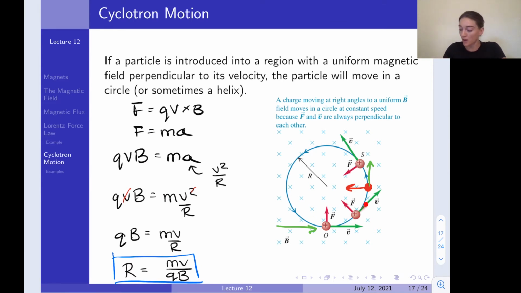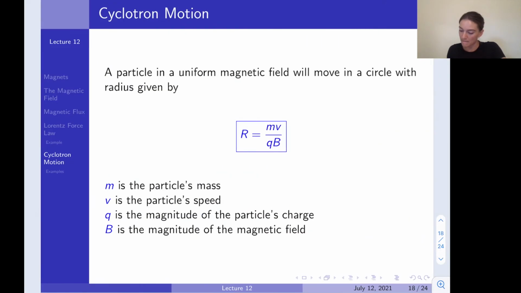Let's say, will it move upwards or will it actually move downwards and start to spin? You'd have to use the right-hand rule there, but the actual radius of the circular motion just depends on the magnitudes of those quantities. So we'll do examples like that where we do the right-hand rule and figure out what direction it spins in a minute and in our next lecture.